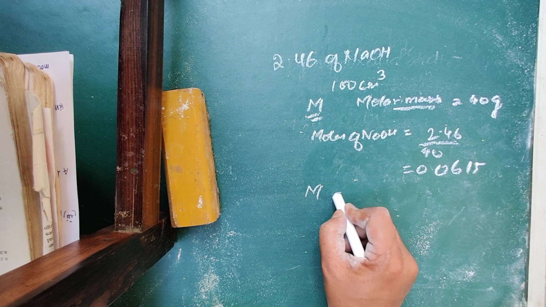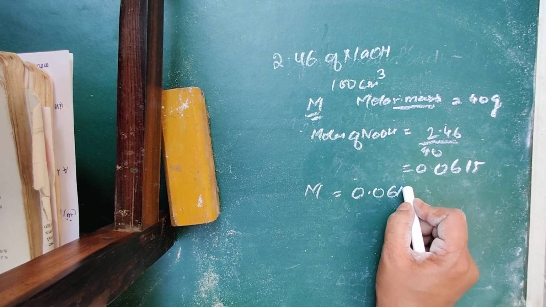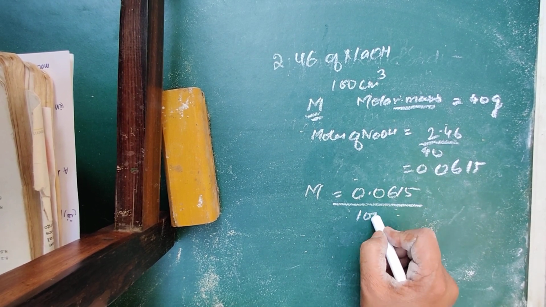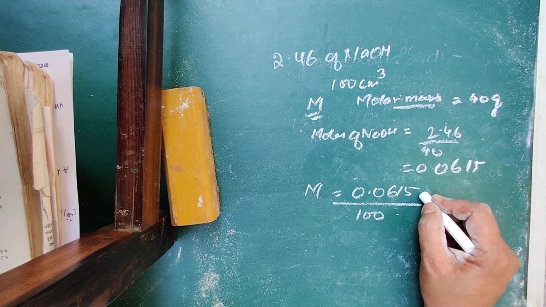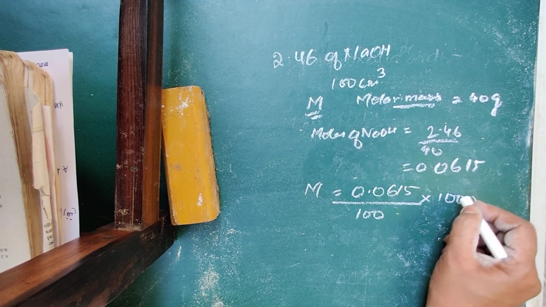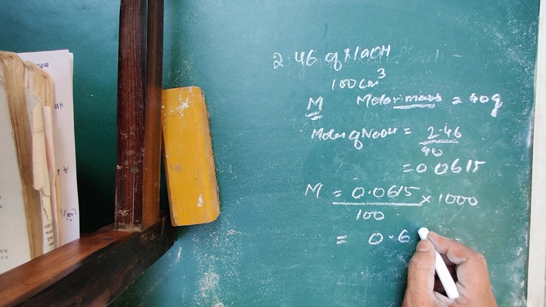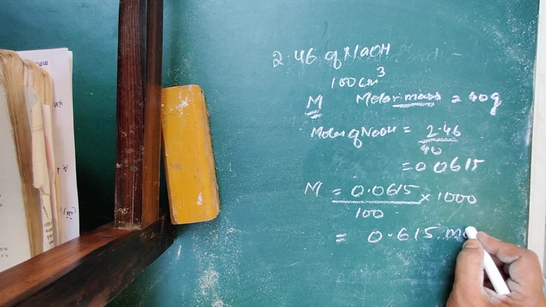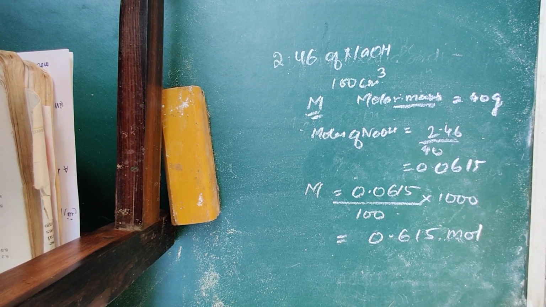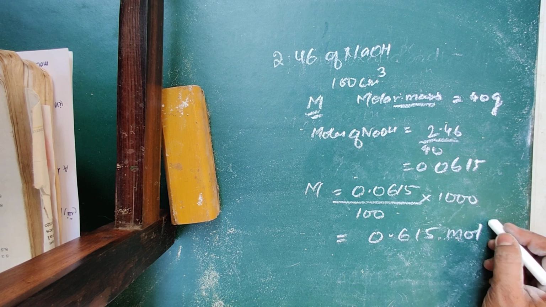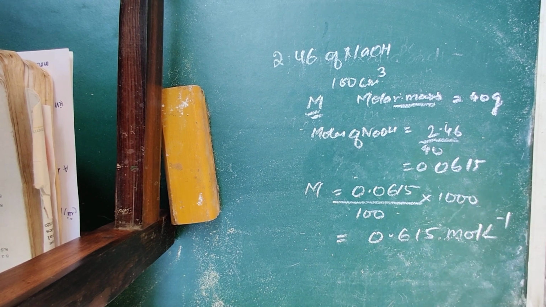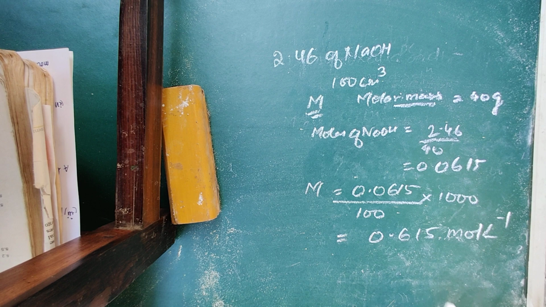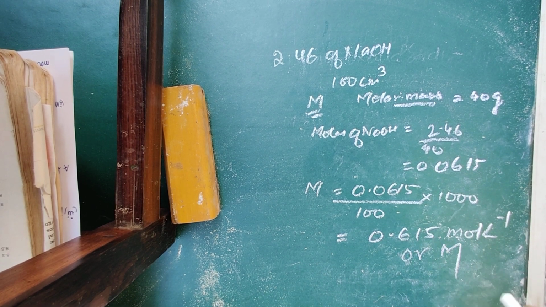So M will be equal to 0.0615 divided by volume is given 100 ml into 1000. So it will be 0.615. Unit will be mole per liter, mole liter inverse, or you can also write capital M.